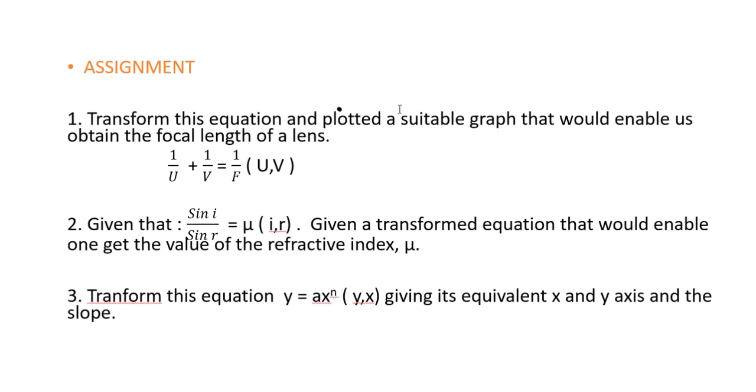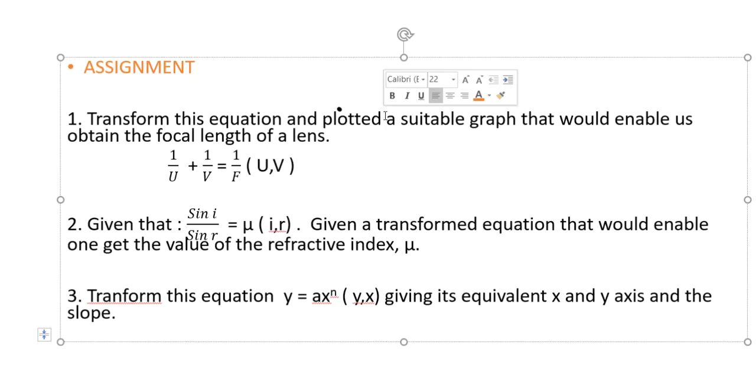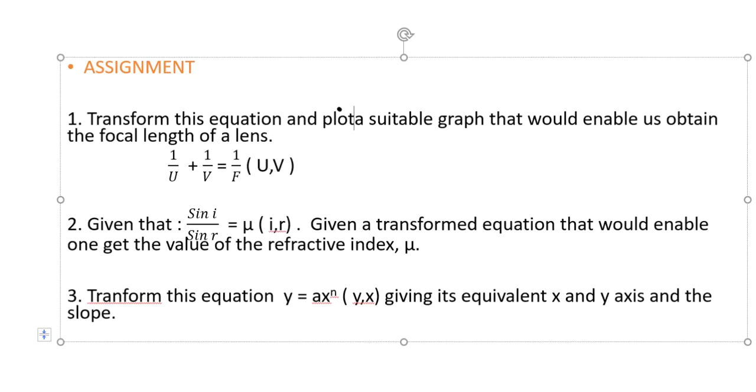Transform these equations and plot a stable graph that would enable us to obtain the focal length of a lens, where u and v are variables. This is the object distance, this is the image distance, this is the focal length.